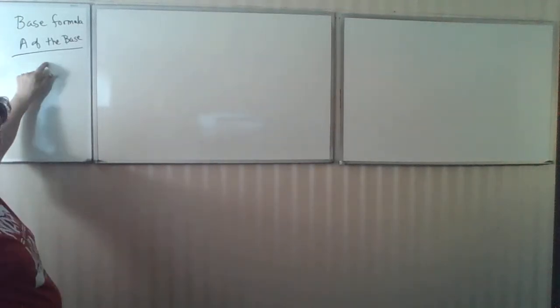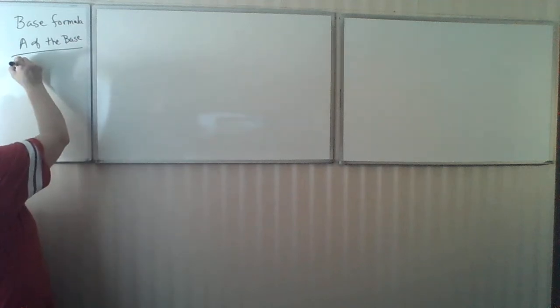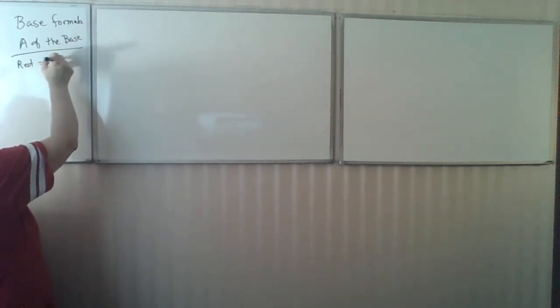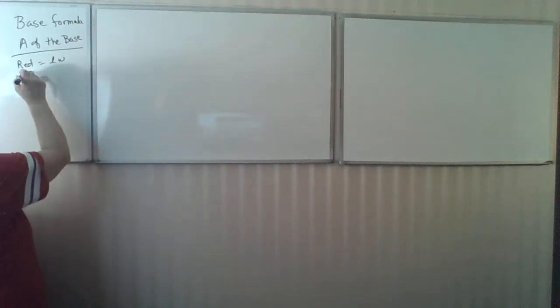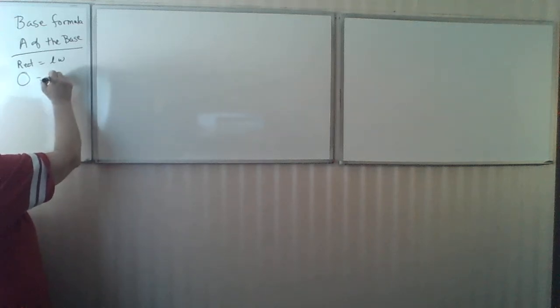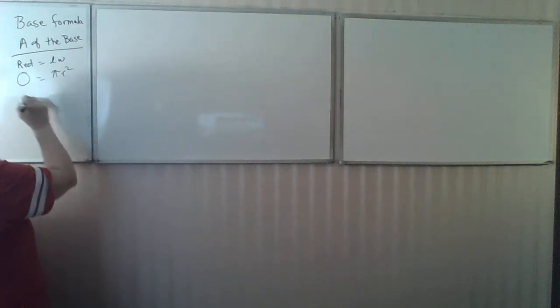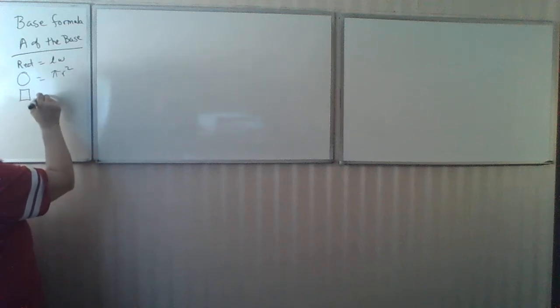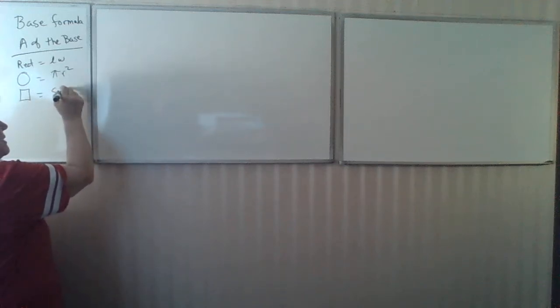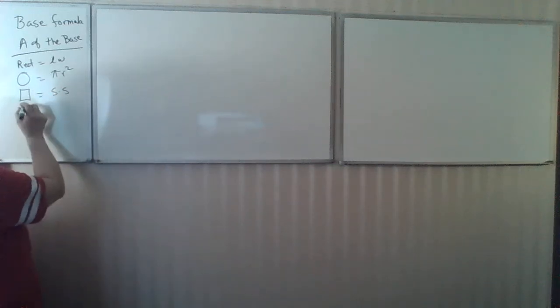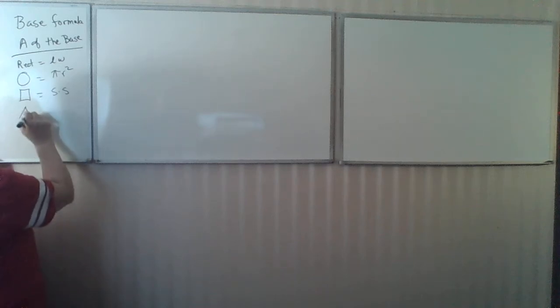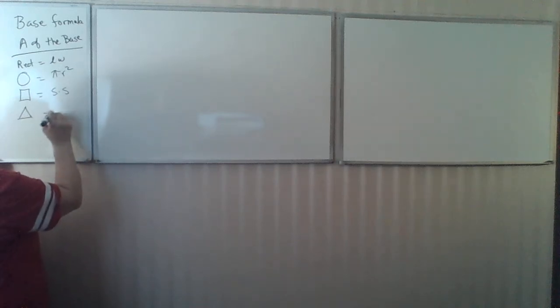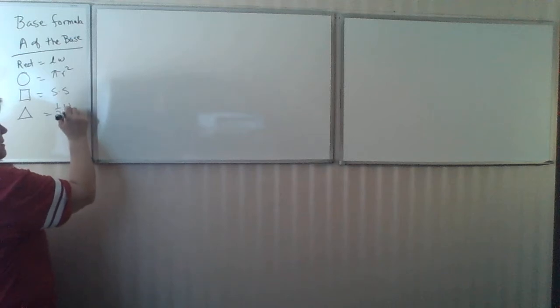And the base is always going to use whatever formula fits it. If I have a rectangular base, the area is length times width. If I have a circle, it's pi r squared. If I have a square, the area of a square is side times side. If I have a triangle, the area is 1/2 base times height.